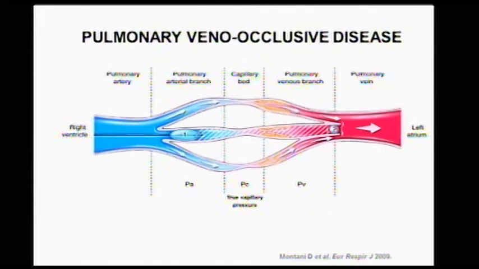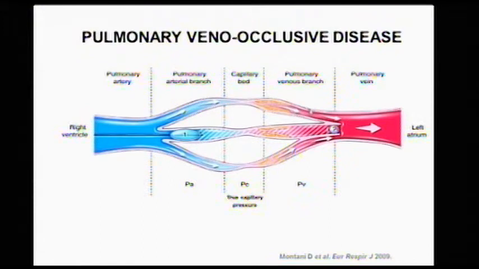Usually in pulmonary arterial hypertension, the abnormalities are in the pre-capillary arterioles here. And in pulmonary veno-occlusive disease, the remodeling lies in the pulmonary venous branches, in the small pulmonary venules.